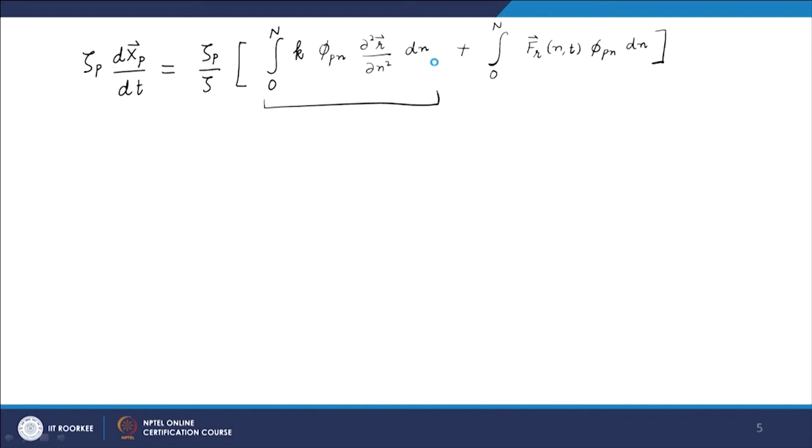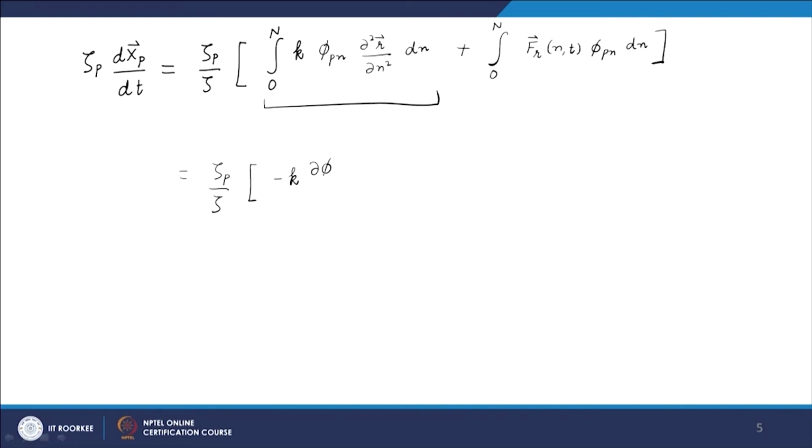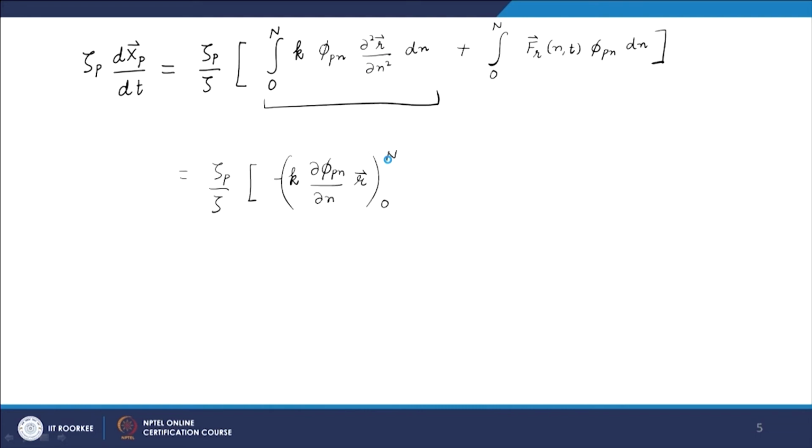So, we have this equal to zeta_p by zeta times minus k multiplied by ∂phi_p(n)/∂n r, and this goes from 0 to n, and the second term is right here, plus k ∂²phi_p(n)/∂n² r integrated from 0 to n.